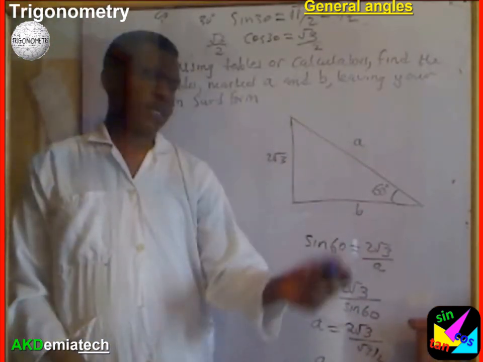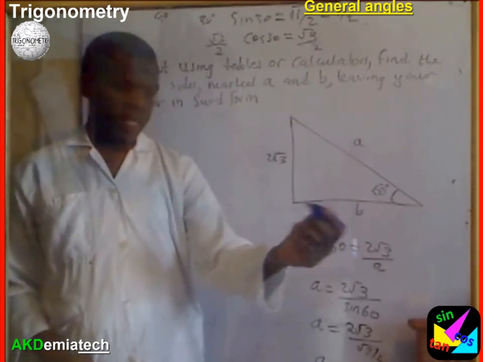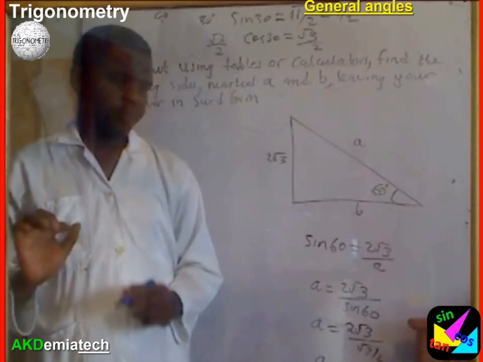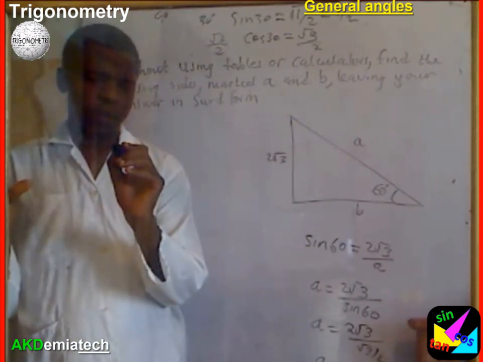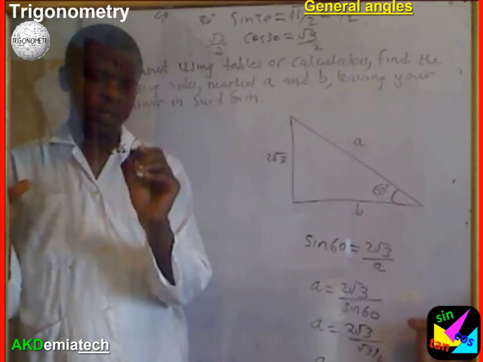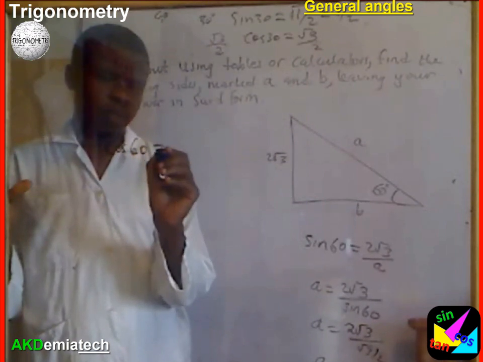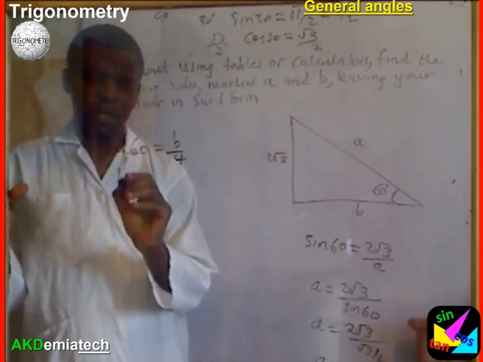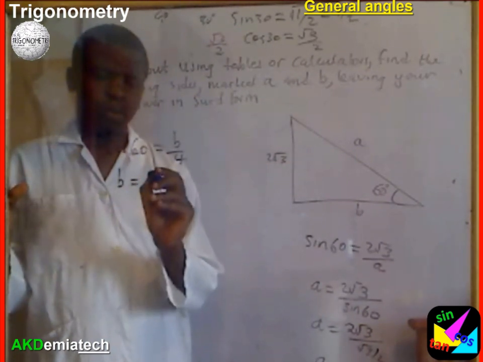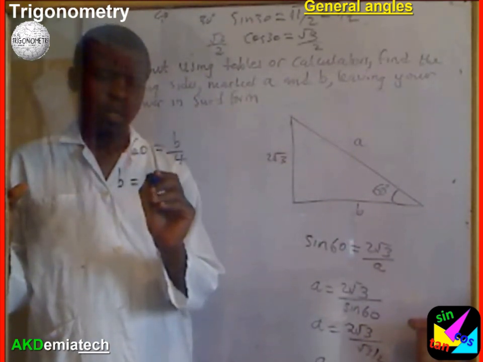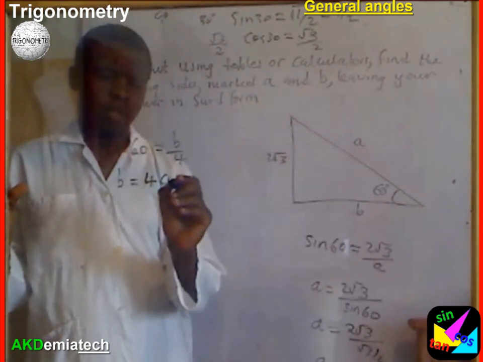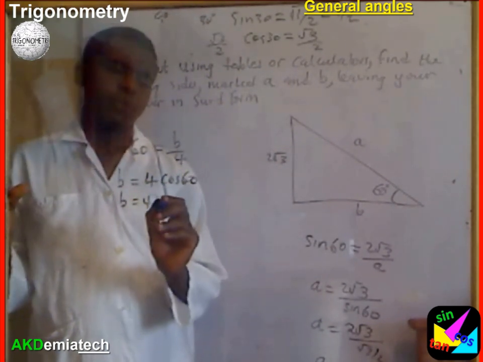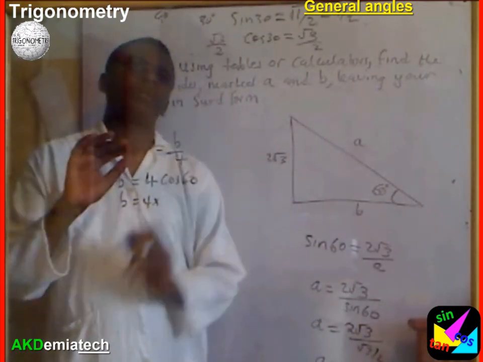Now let's get B. B is the adjacent to this angle. So there I can say cos 60 is equal to B all over 4. B is equal to 4 times cos 60. What is cos 60?